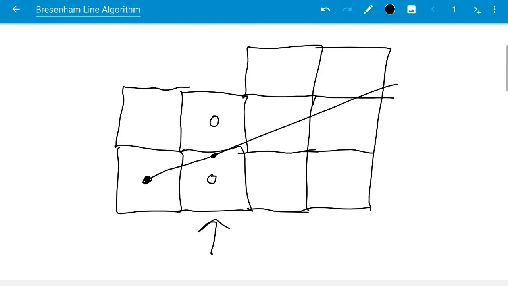When we compare our ideal line to our rasterized one, it's useful to describe that difference between the two as an amount of error. That's how far off we are from the true value. We could calculate the true value using our line equation and plugging in the slope and the y value.